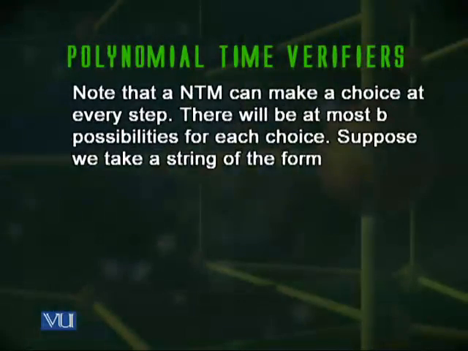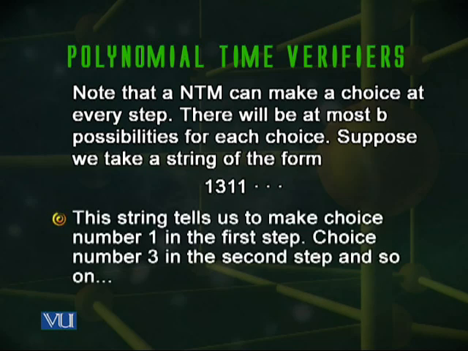If you look at a non-deterministic Turing machine, it makes a choice at every step. Suppose there are at most p possible choices. And suppose we take a string, for example 1, 3, 1, 1, and so on. This string tells us to run the machine M, and from the first state make the first choice.